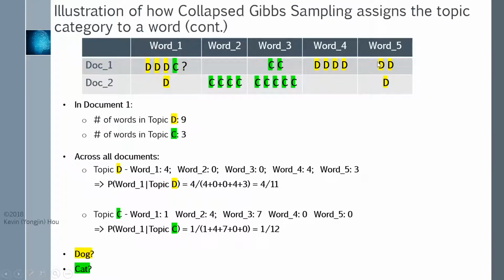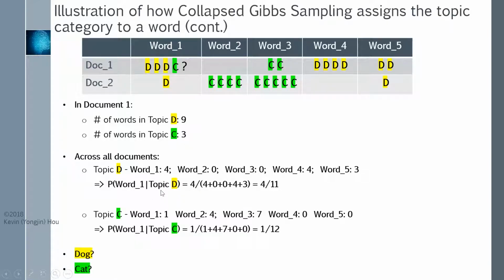And for word 5, 3 of them are associated with topic D. So that's very simple counting again: 4, 2, 0, 4, 3. That is what is being allocated to topic D.